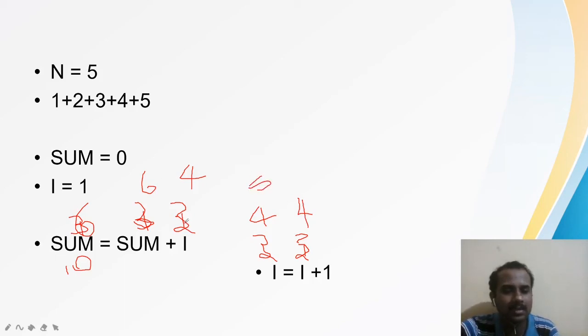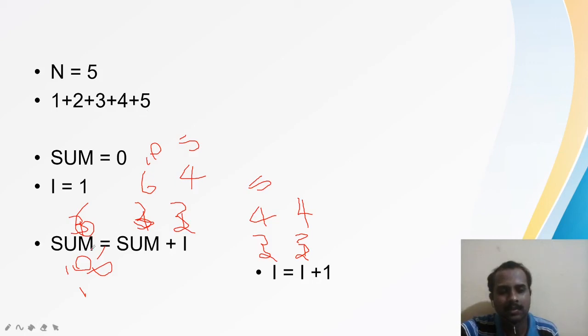Now sum is equal to sum plus 5, that is 10 plus 5. It will become 15. So that is the sum of the first 5 numbers: 1 plus 2, 3; 3 plus 3, 6; 6 plus 4, 10; 10 plus 5, 15.